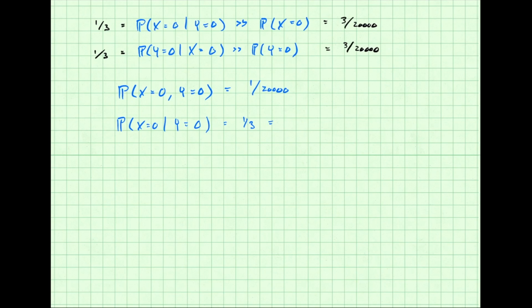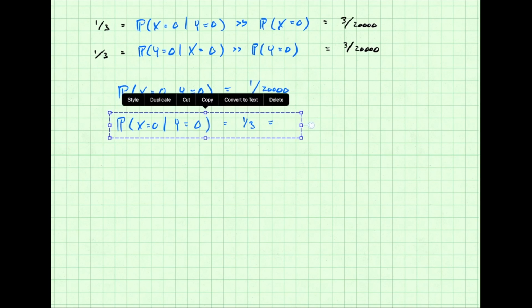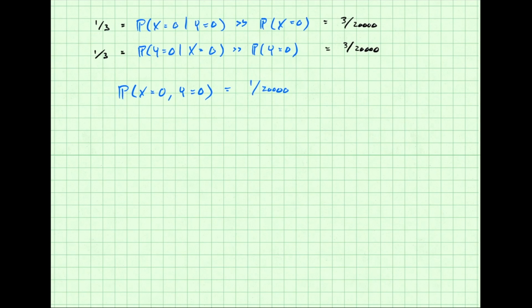Let's see, do I have that right? I do have that right, but this is not quite how I wanted to emphasize this. So let me get rid of this line here and point this out. I want you to see what this is not equal to. If you naively thought, okay, there's a low chance that system A fails and there's a low chance that system B fails, you might think that gives you the 1 over 20,000, but it does not.